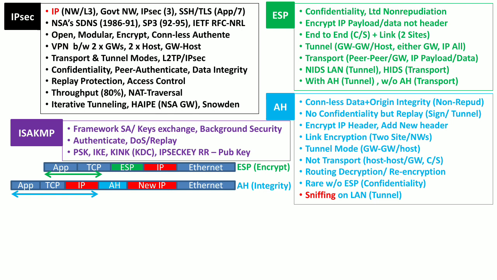Or we can also exchange keys using IPsec key resource record, where the public keys of domains are published. So it uses DNSSEC or DNS security for communicating the public keys of domains.